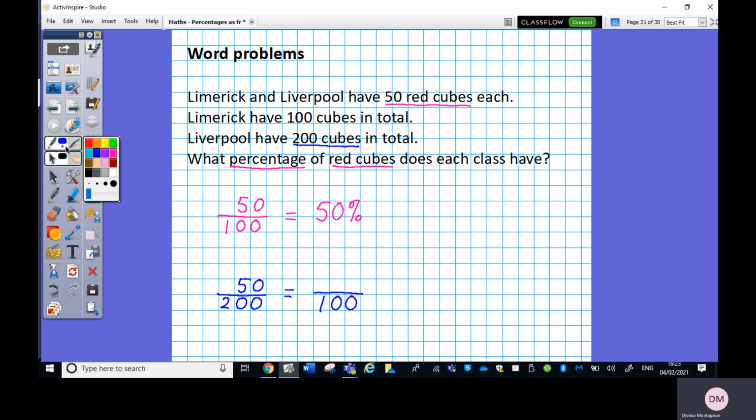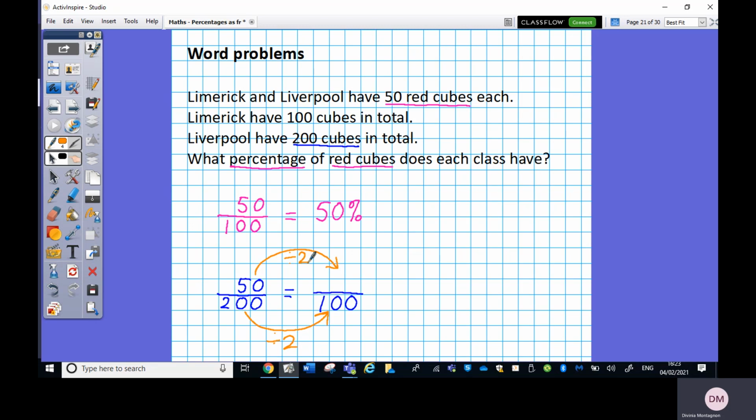Great. So now I'm going to ask myself, what do I need to do to 200 to get to 100? Excellent. Divide by 2. Whatever I do to my denominator, I need to do to my numerator. So what do I need to do to 50? Divide it by 2.